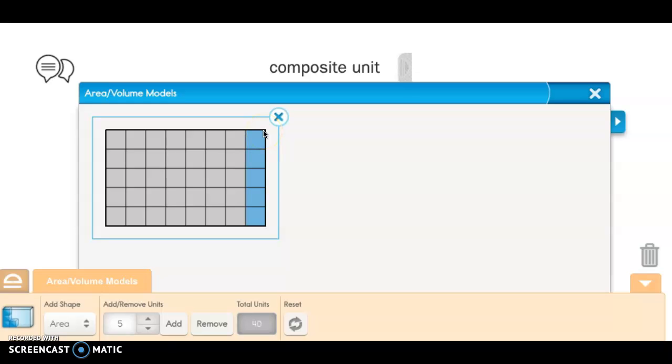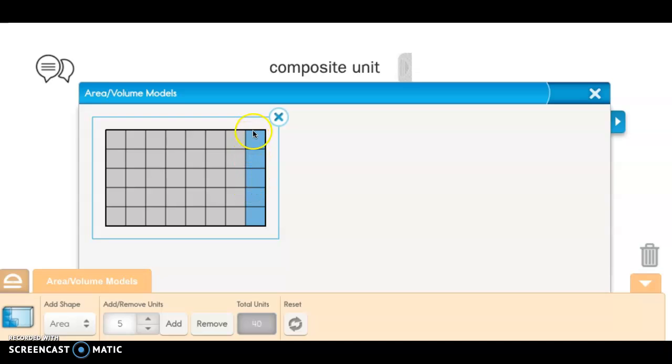What is a number model that we could use to write how many squares there were? If there were 5 squares in this line, and there was 8 rows, we could multiply 5 times 8. And there's a total of 40, right?